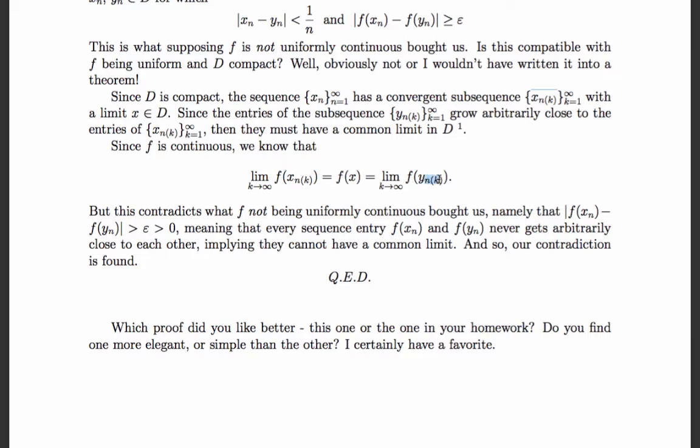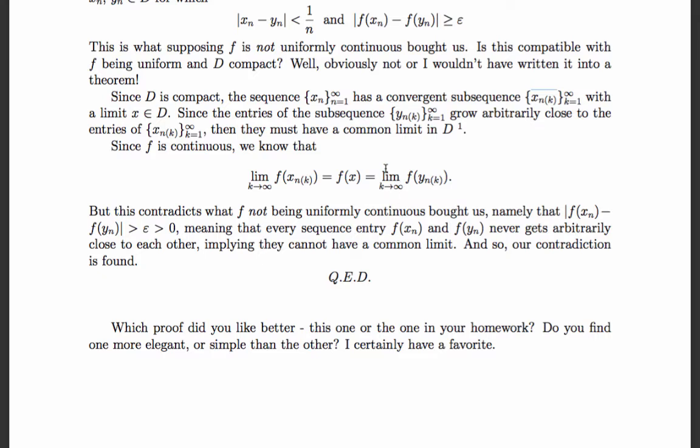And since y n of k converges to x, f of y n of k converges to f of x. But this contradicts the fact that f is not uniformly continuous, because f of x n minus f of y n is always, for every n, bounded below by a positive number.